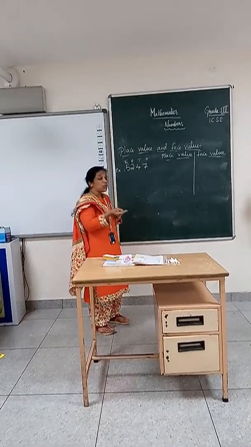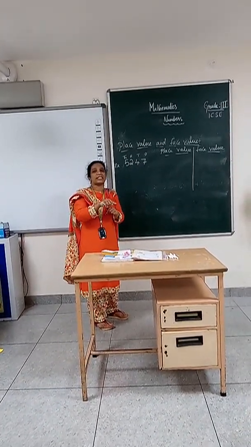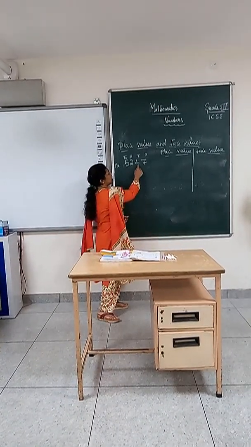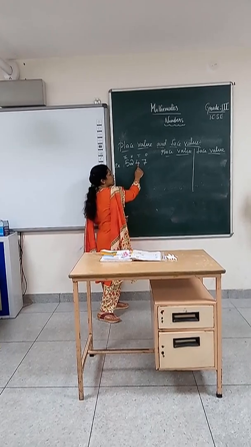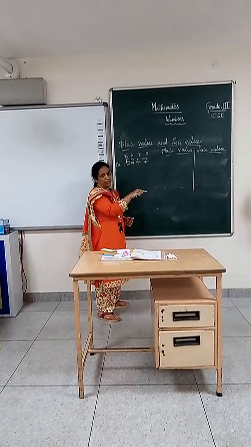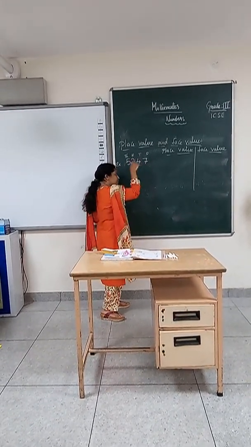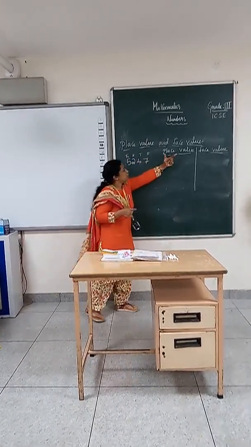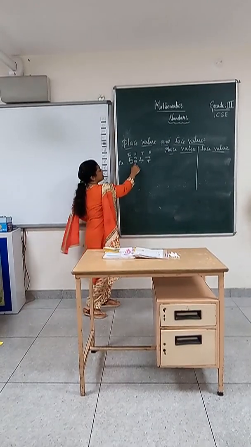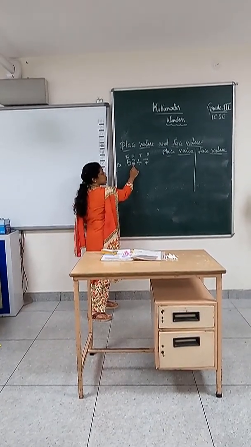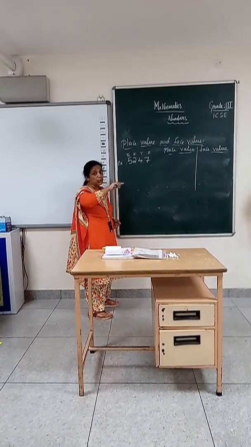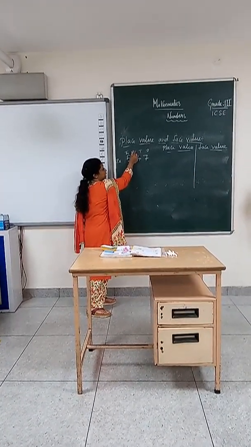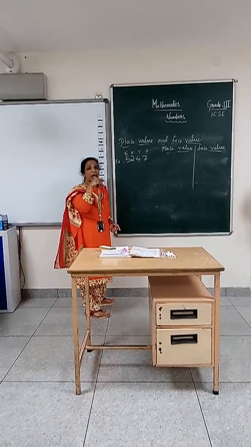The face value is the value of the number itself irrespective of its position. So the face value of 4 is 4 itself. The face value of 7 is 7 itself, and of 2 is 2 itself. But its place value, because 2 is in hundreds place, will be 200.